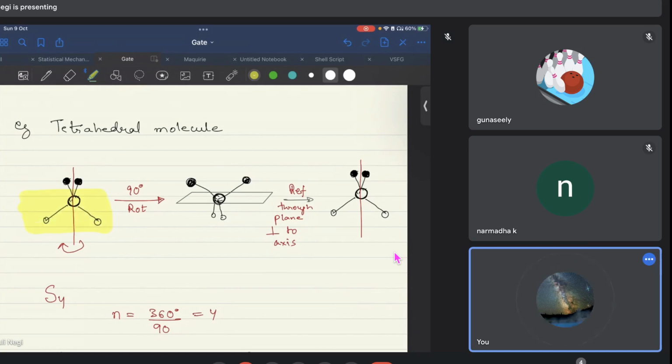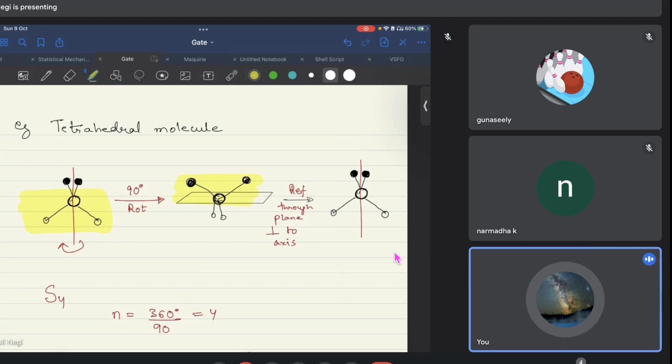If this yellow one is the plane of the paper, say this atom and this atom are on this yellow plane. After the 90 degree rotation, which three atoms will be on the plane?